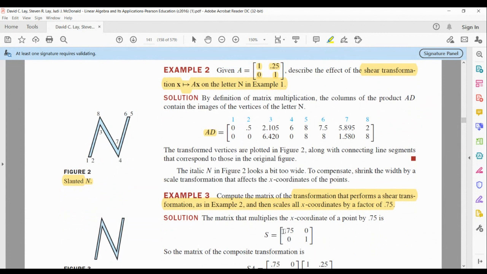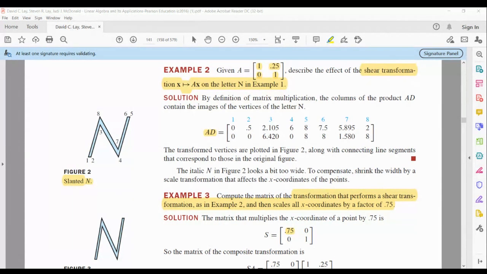So you see this matrix S. When you multiply by the matrix S, the 0.75 in this upper left-hand corner, does it affect the x coordinates or the y coordinates? It affects the x coordinates. That's right. The y coordinates are left alone.